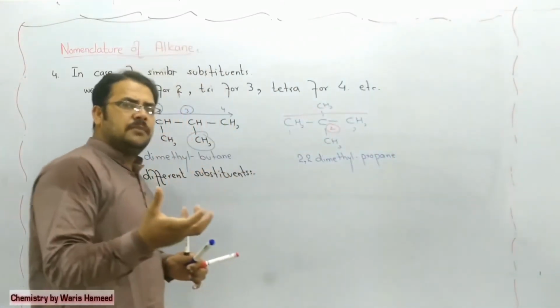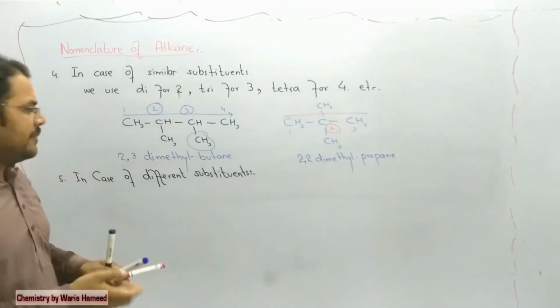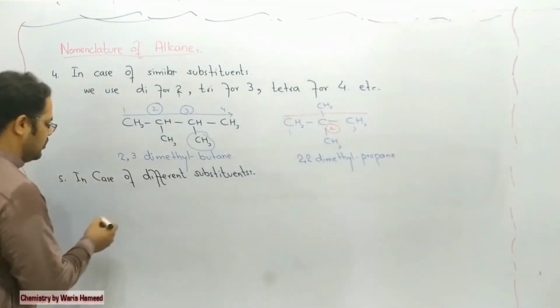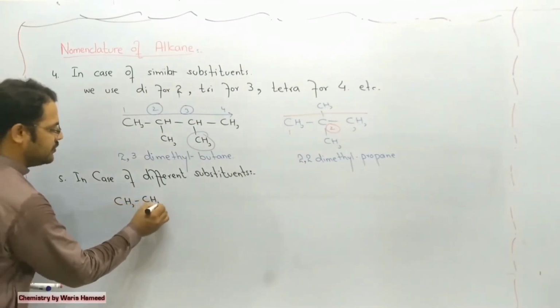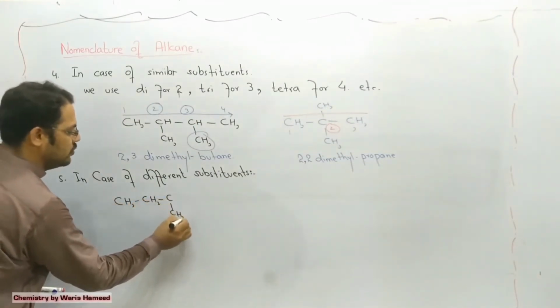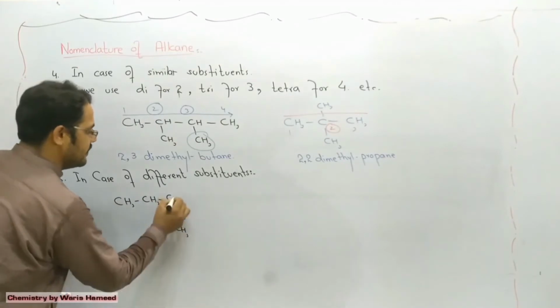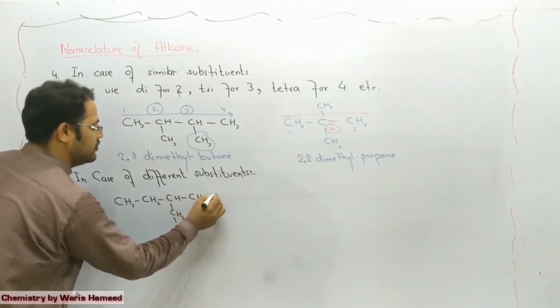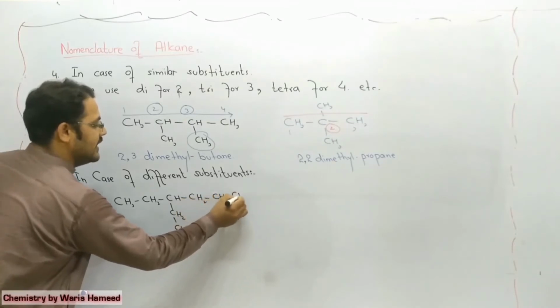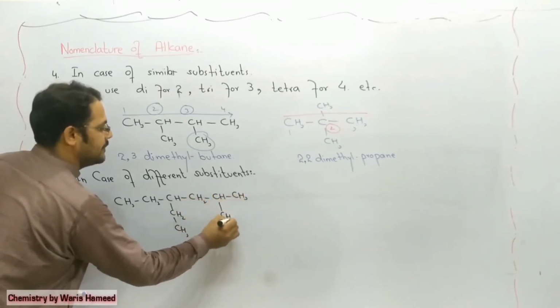We will keep their order alphabetically. So, for example, it is CH3, CH2, CH2, CH3, CH2, CH, CH3, and here is CH3.